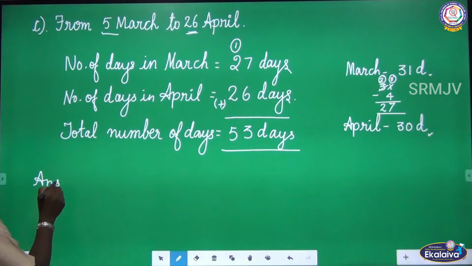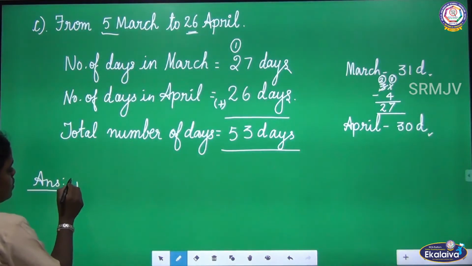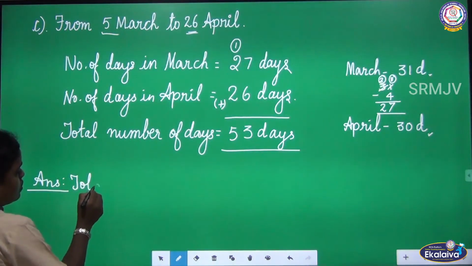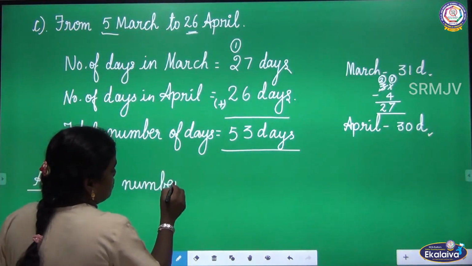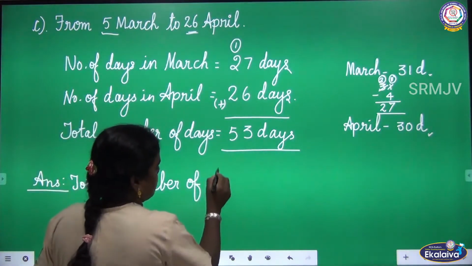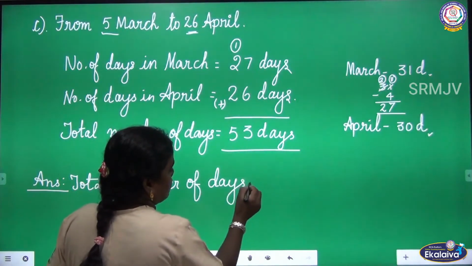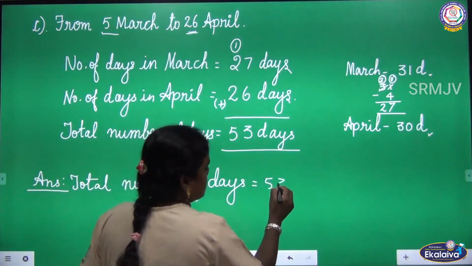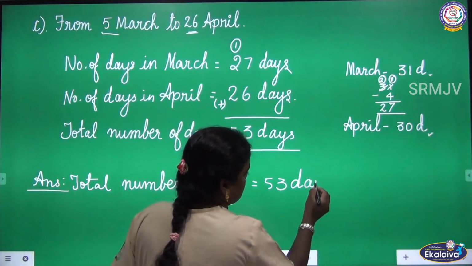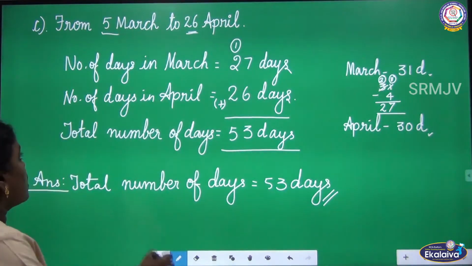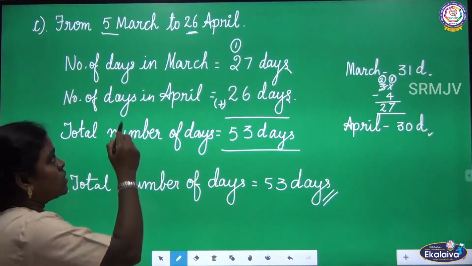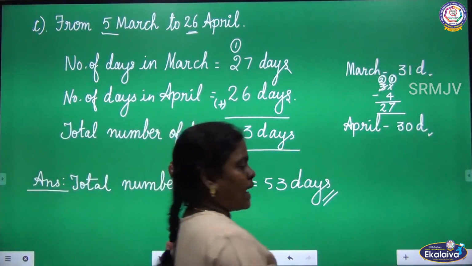Answer is total number of days equal 53 days. So there are 53 days in between from 5th March to 26th April.